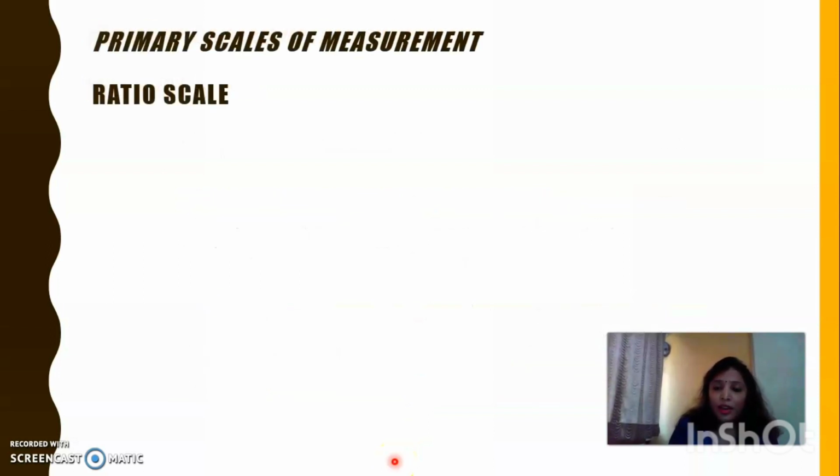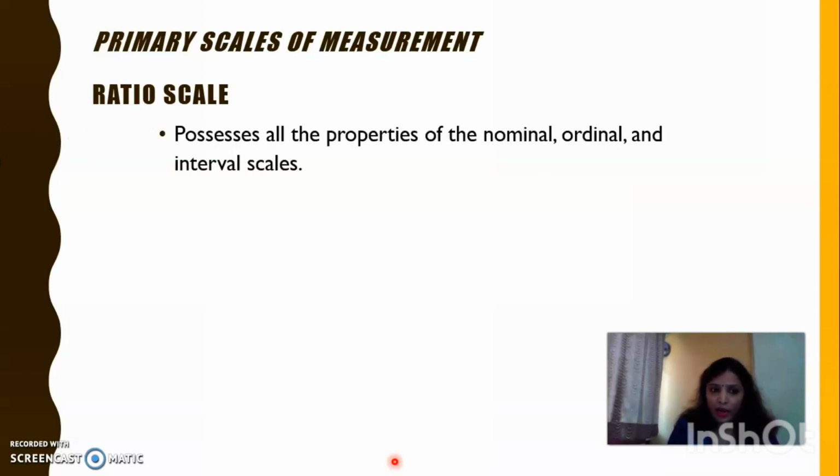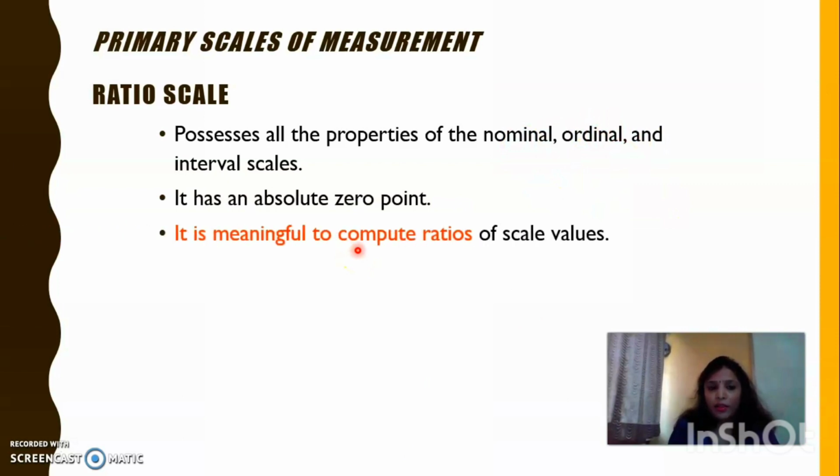Okay, then last, ratio scale. Ratio scale is the higher order scale, and it possesses all the properties of the previous three scales. Previous three: nominal, ordinal and interval scale, right? And in ratio scale, we can calculate the ratios.